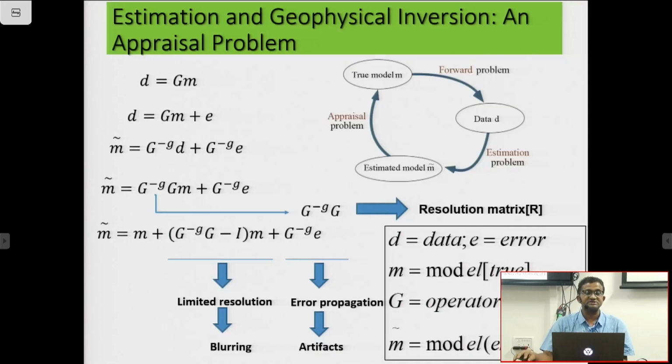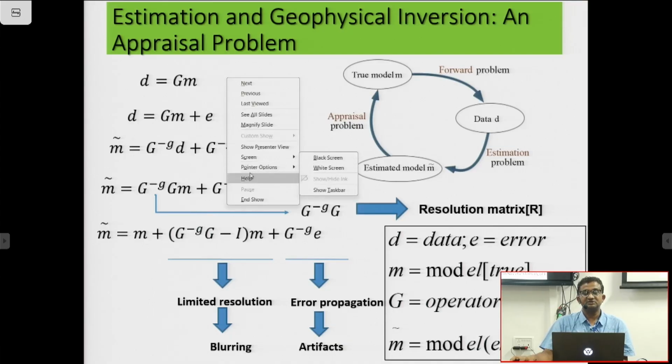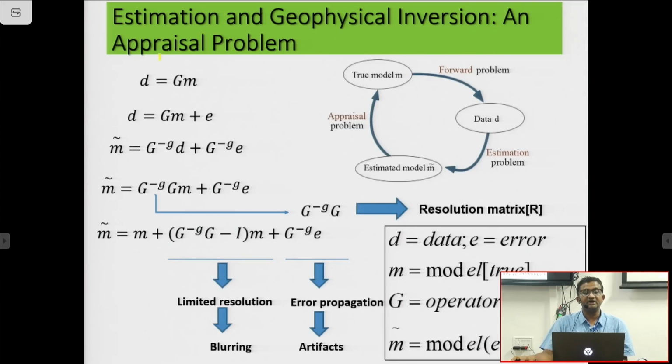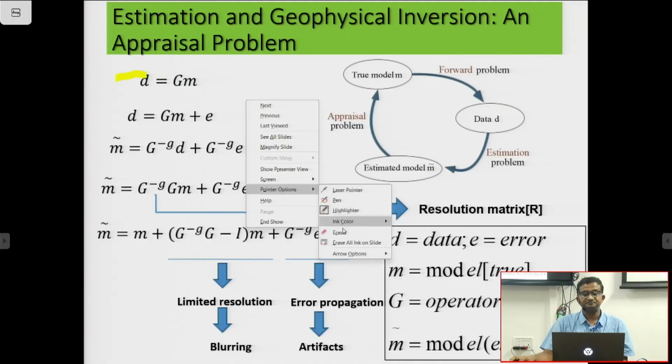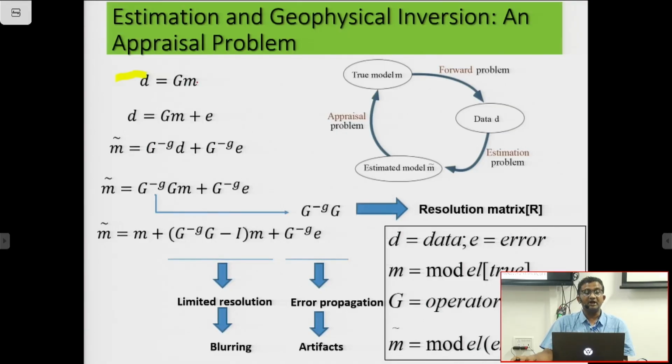So any process we start with, let us say, your first equation where the data is related to your model parameters. M is the model parameter, G is the kernel matrix in a linear case, where we assume that there is no noise component.